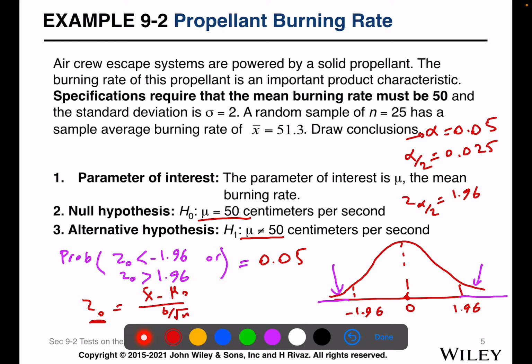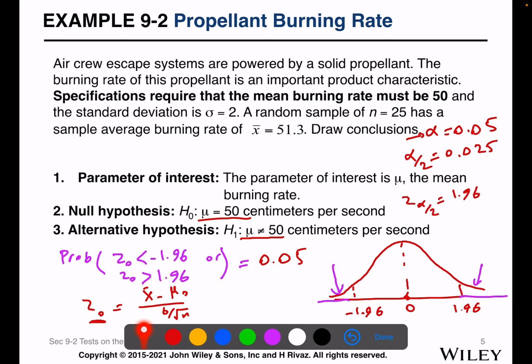So the probability that, when you calculate Z0, you happen to be this far from the mean is only 5%, which is a small probability. Since this is a small probability, we say that this cannot actually have happened by chance. 5% is a very low probability, and because of that, your mu is not the mu0 that you think. And because of that, you reject the null hypothesis, right?